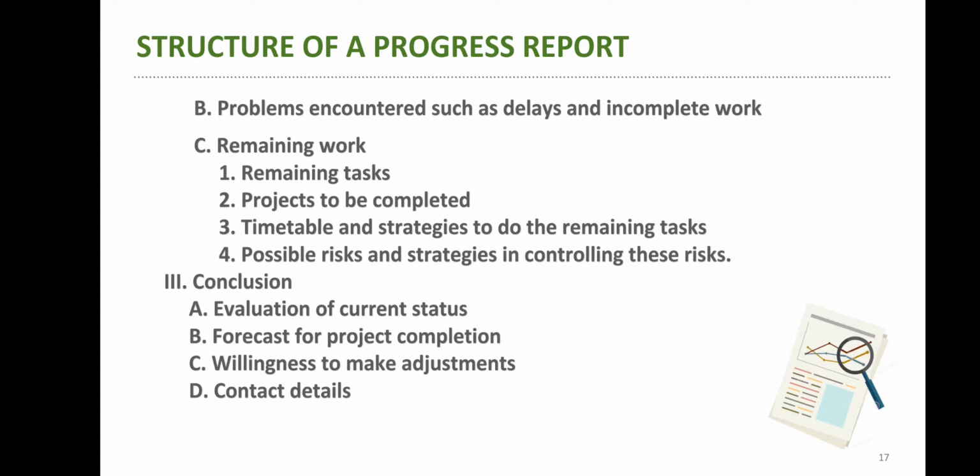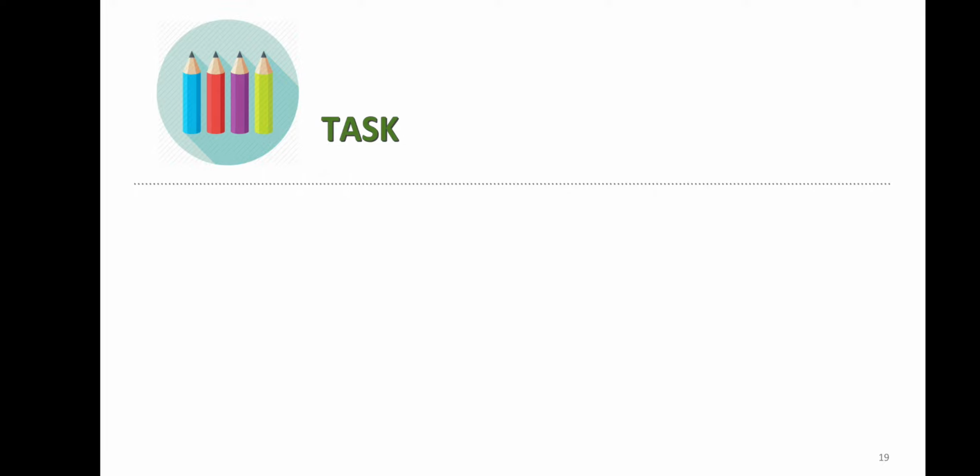You tell the receiver the situation of the task progressing during that time. Forecast for project completion, willingness to make adjustments, and contact details. Okay? So that's it for our informal report.